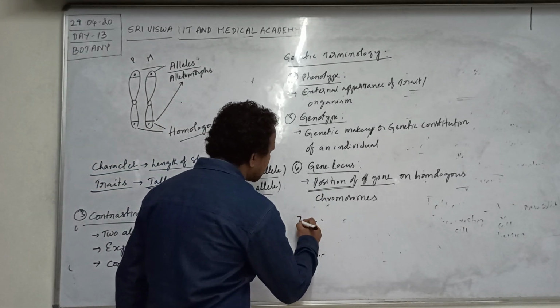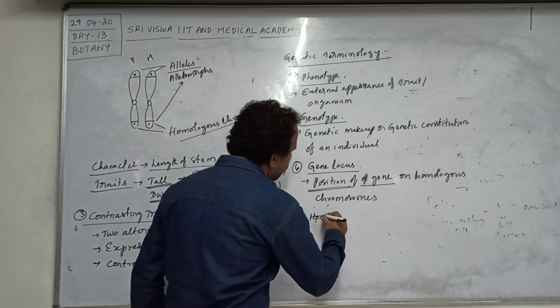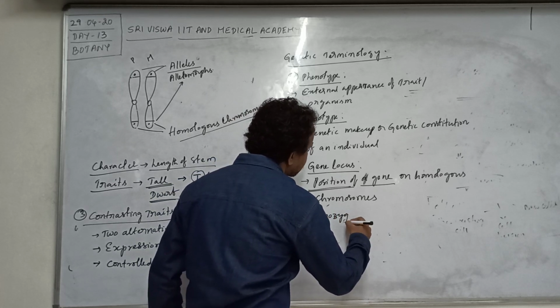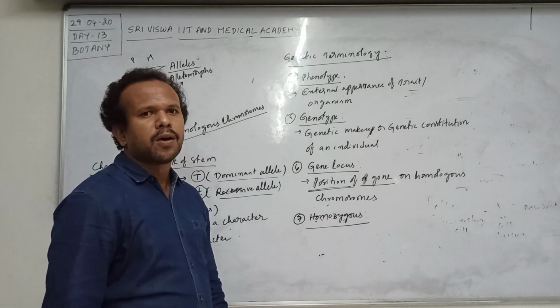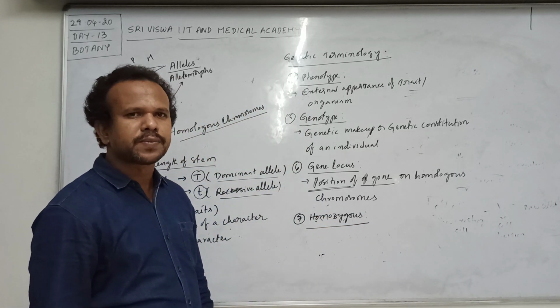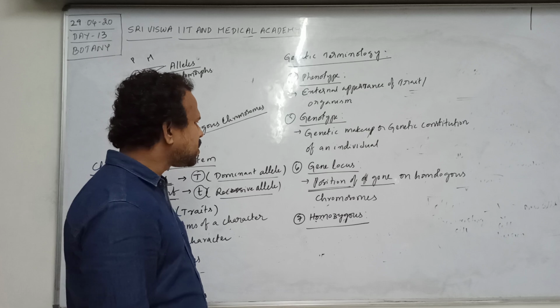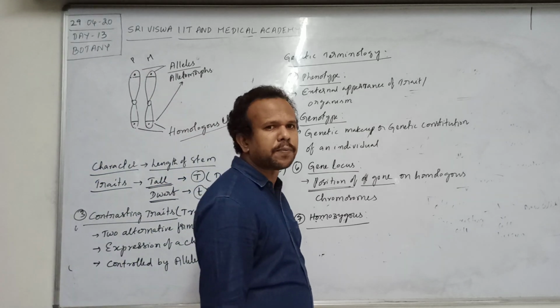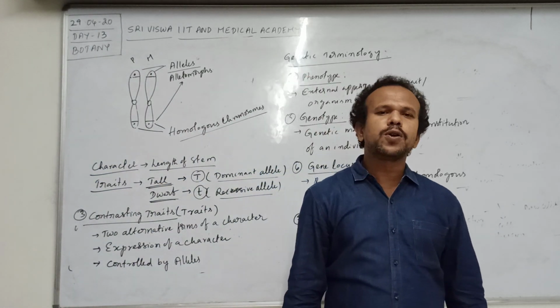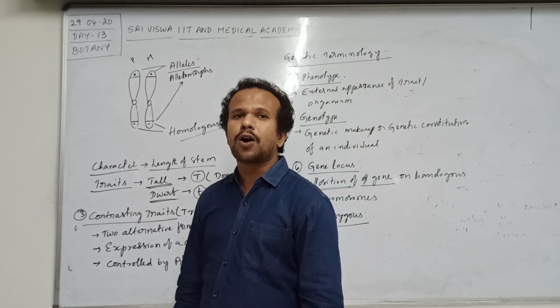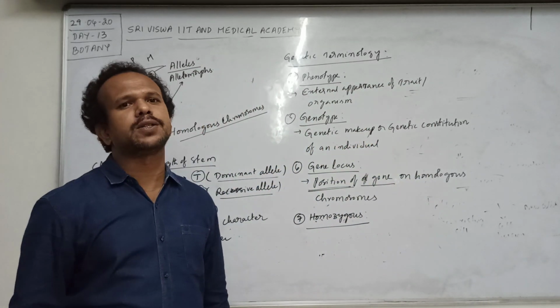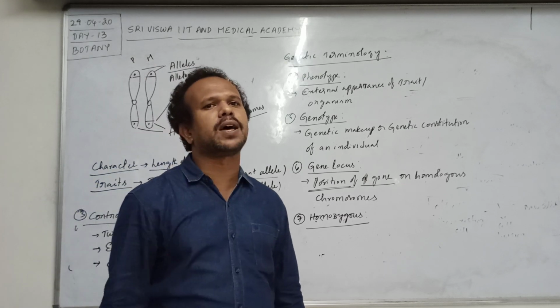Then coming to another very important one, homozygous. What is homozygous? Generally in a diploid individual, how many homologous chromosomes are present? Two homologous chromosomes. I mean, how many alleles are present? Two alleles, because each chromosome contains one allele.